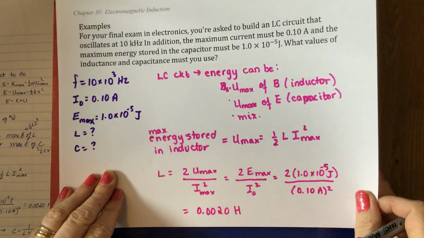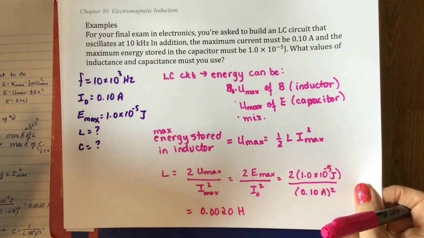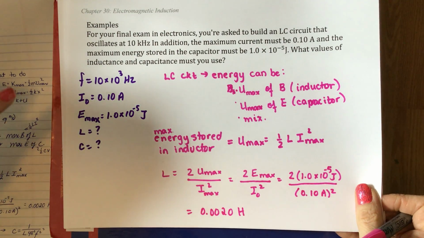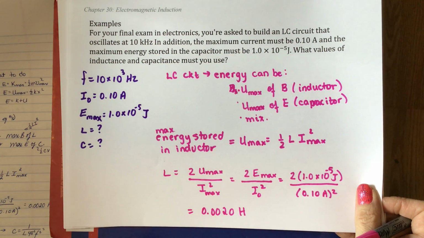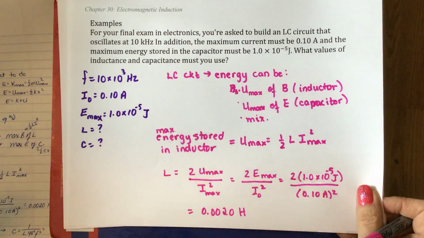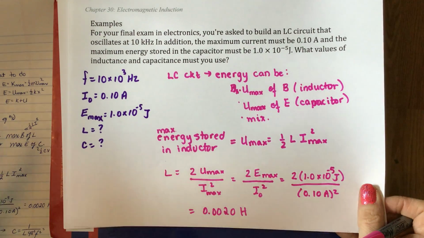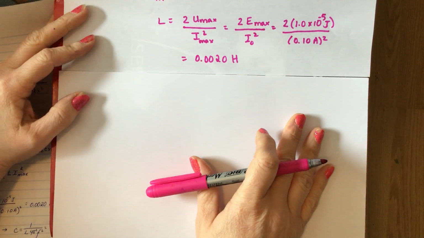We also want the capacitance. So let's go back to this idea of I0. I0 is omega times Q, or let's go back to our omega. We know the frequency, so we know omega, and omega is root 1 over LC. So let's use that approach. Okay, so we want to find the capacitance next.